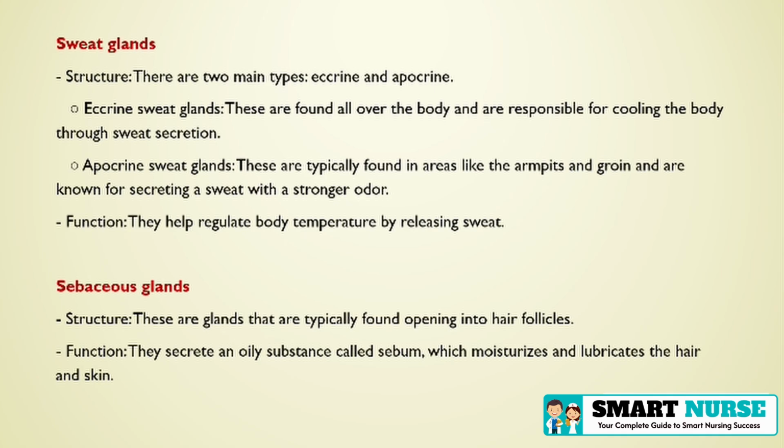Whereas apocrine sweat glands are typically found in areas like the armpits and groin, and are known for secreting sweat with a stronger odor. What is the main function of sweat glands? These sweat glands help our body regulate body temperature by releasing sweat through the skin.